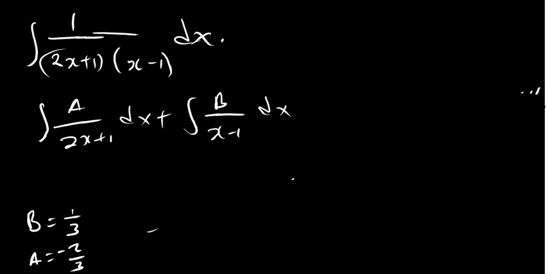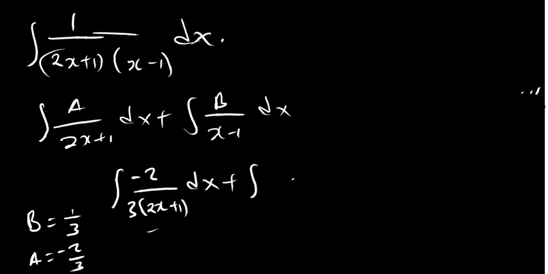We're going to have the integral of, where there is a, sorry, a is negative 2 over 3, so negative 2 on top, over 3 down there, in brackets, dx, plus the integral of b, which is 1 over 3, dx.